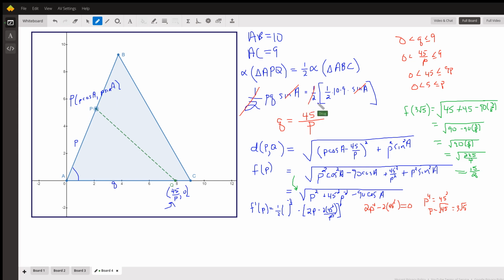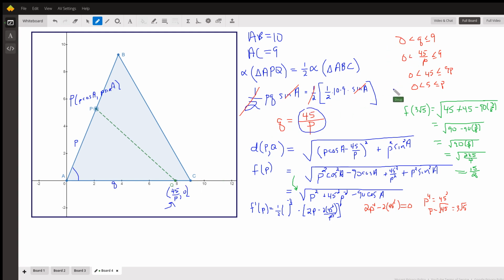And we want that to equal half of the area of the big triangle, which will be half of 10 times 9 times the sine of the included angle. Well, conveniently, the 1/2s cancel out, the sine of A's cancel out. Half of 90 is 45, so Q has to be 45 divided by whatever P is.